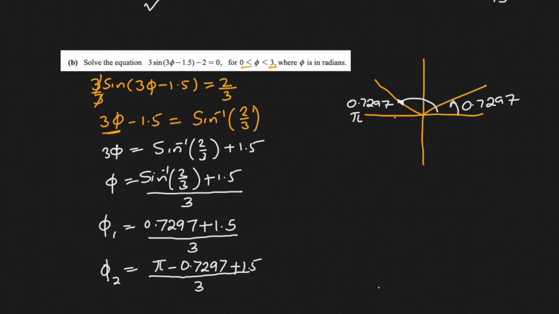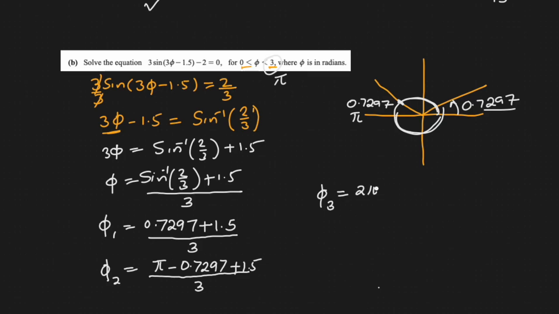Can we have third answer also? So if 1.5 is added to this, it will go further than 1/3. Maybe it will reach here. Okay, because our upper limit is 3, which is almost pi, right? So maybe this will also give us the answer. So I'll go to third answer. If it doesn't work, then I'll reject it. Okay, the third answer is starting from 0, reaching 2 pi, and then 0.7297 again.